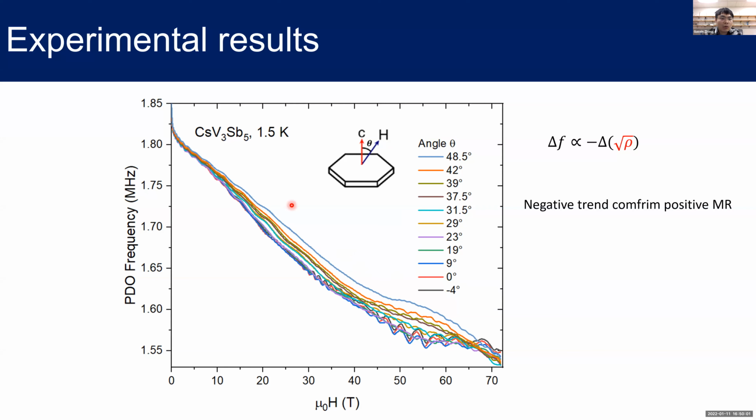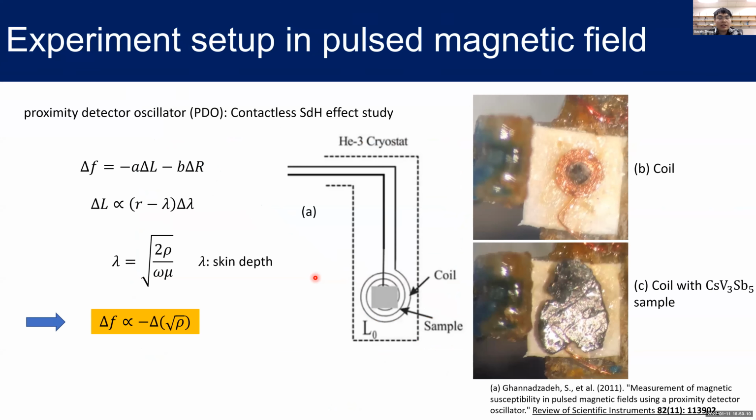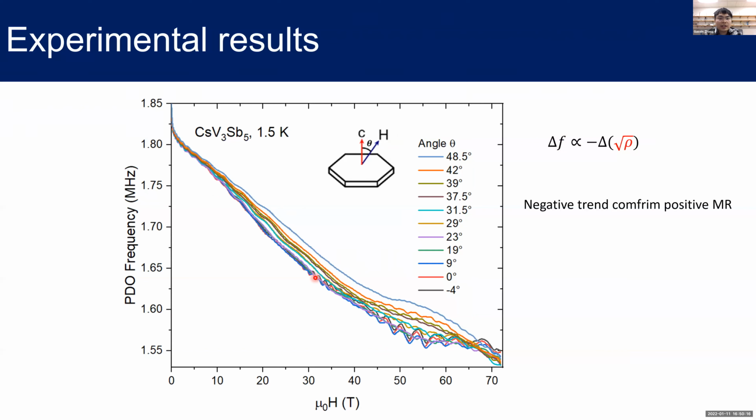And our frequency will decrease when the magnetic field increases. That's because, as we said before, the change of frequency is proportional to the negative change of resistivity. So the negative trend here confirms the positive MR data. So they are consistent with each other.